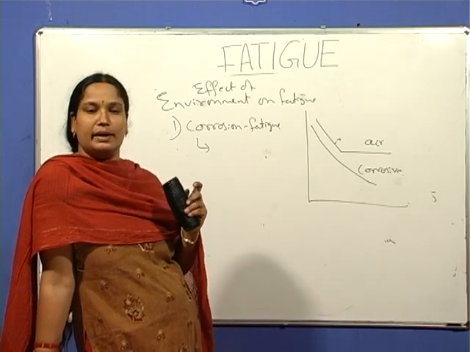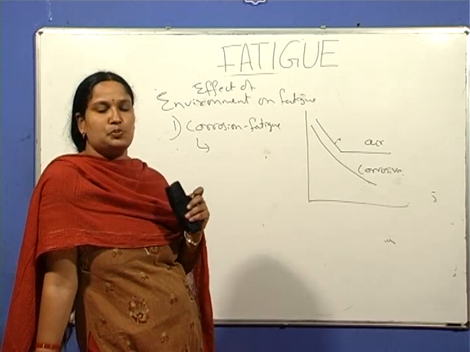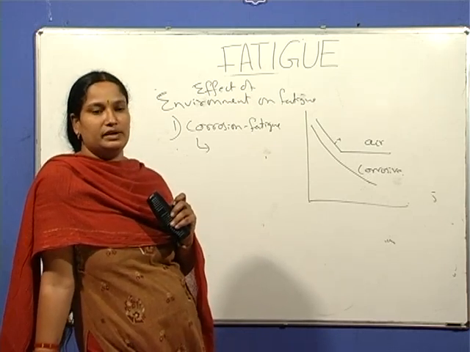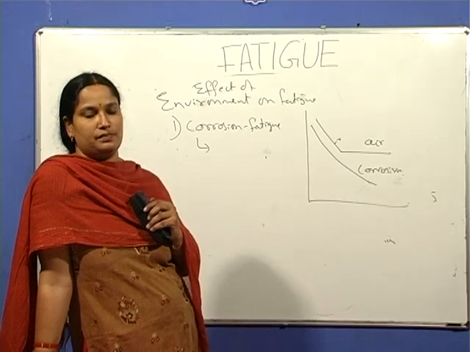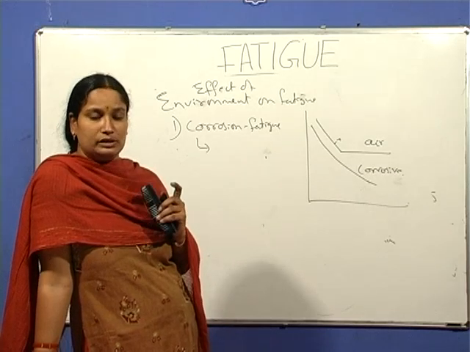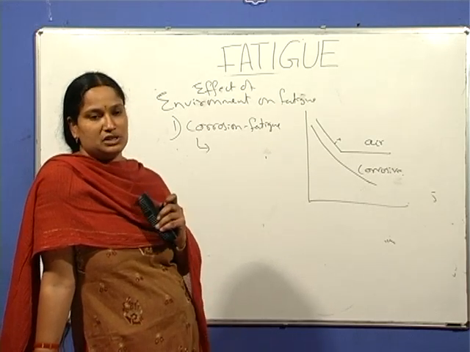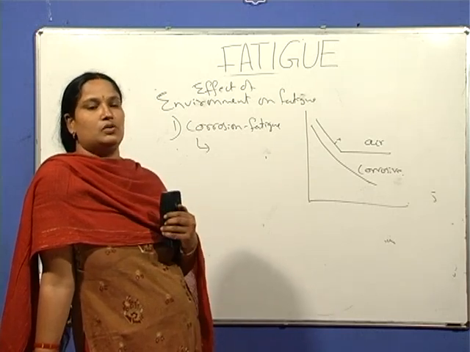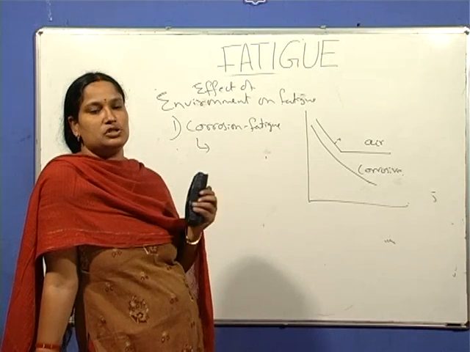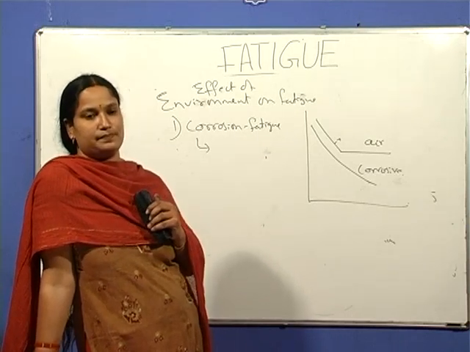Coatings also can be given which protect the surface of the component from this aggressive, corrosive environment. If these coatings are ruptured because of the cyclic loading, again corrosion takes place and corrosion fatigue failure results.